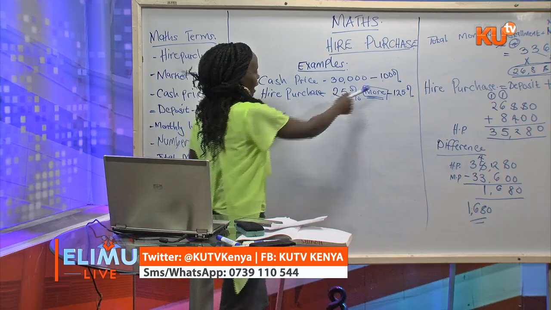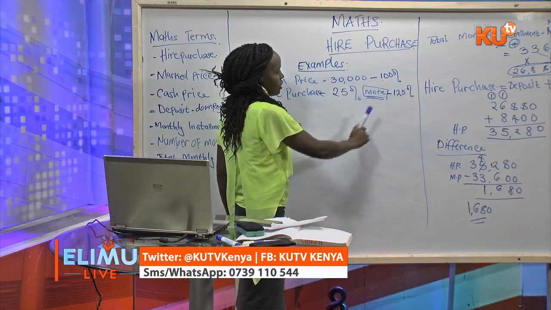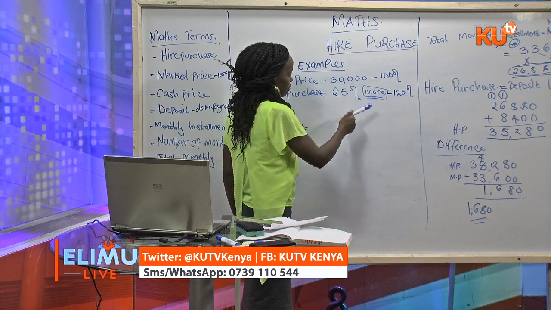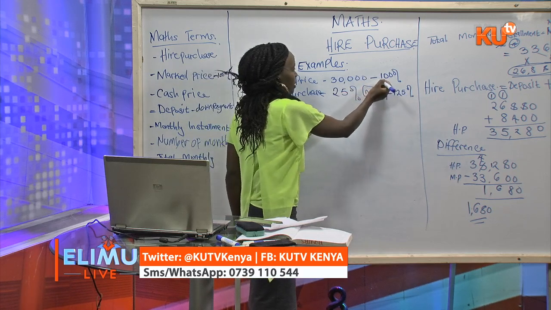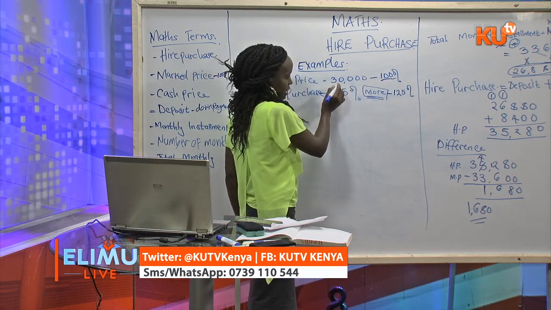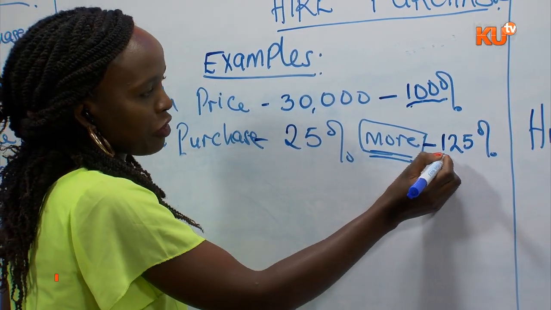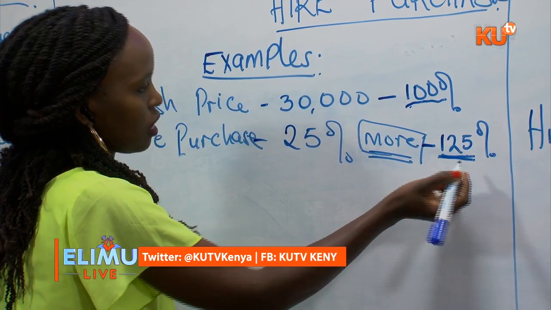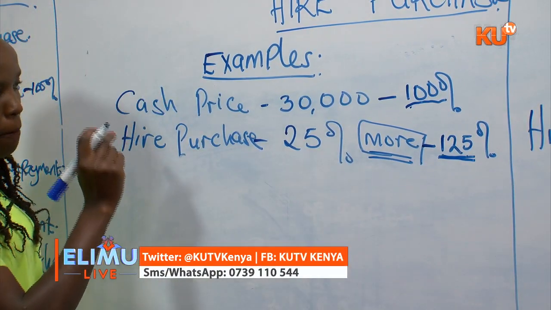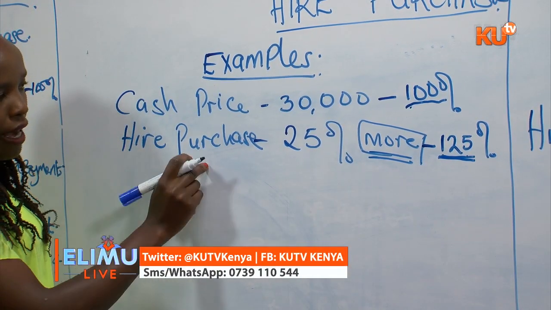So if the cash price is 100%, the hire purchase is 125%. We know the value of our 100%. It is 30,000. Now we are looking for the value of 125%, so that we can get the amount that this person paid on hire purchase.